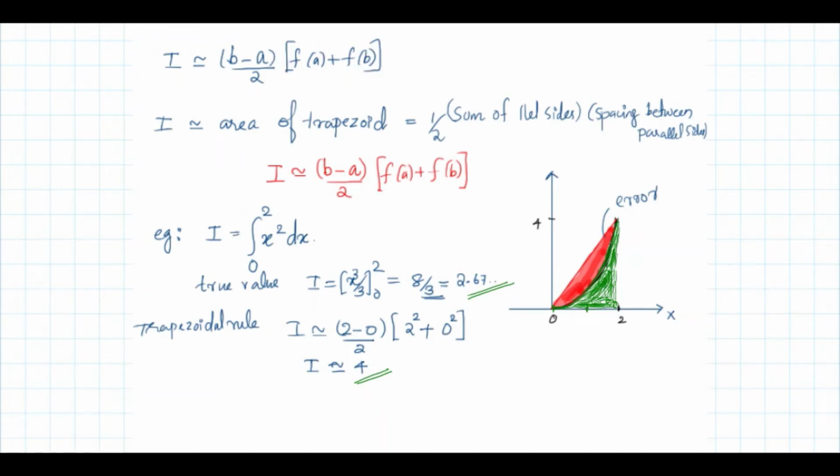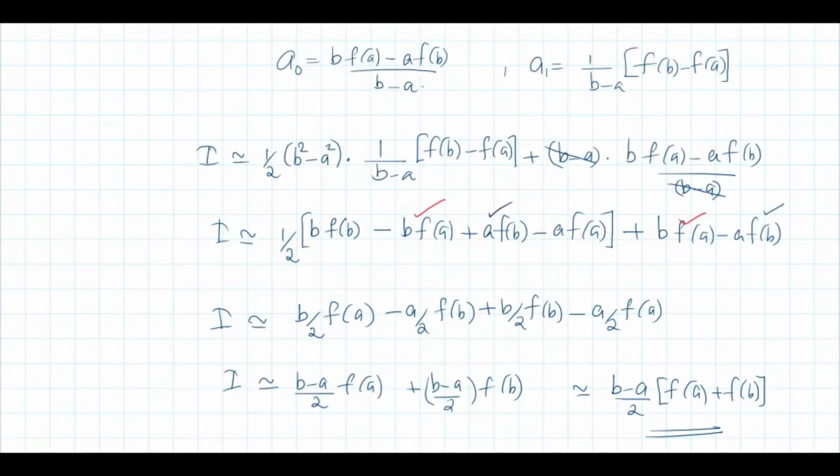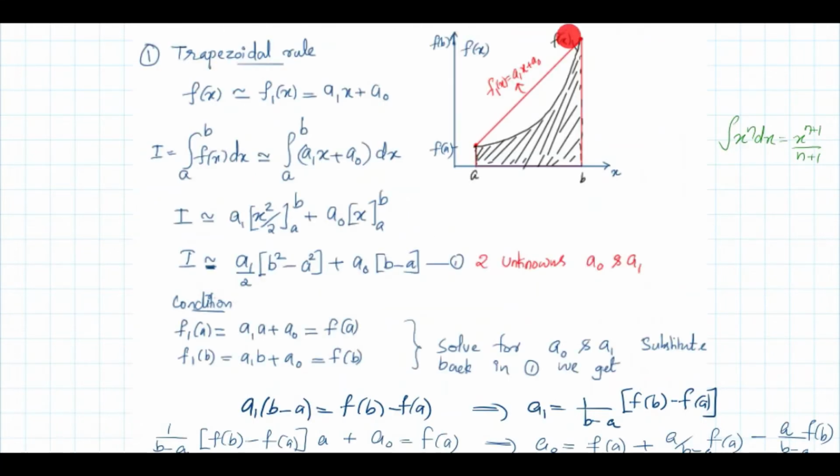Now, why is it known as the trapezoidal rule? Consider this specific example, or the first figure: you can see that this is a four-sided shape, and two sides are parallel.